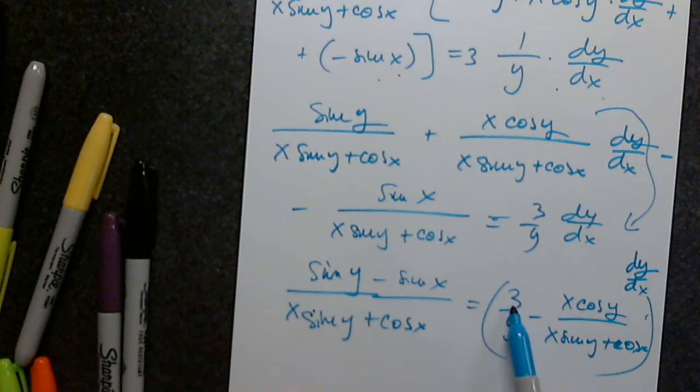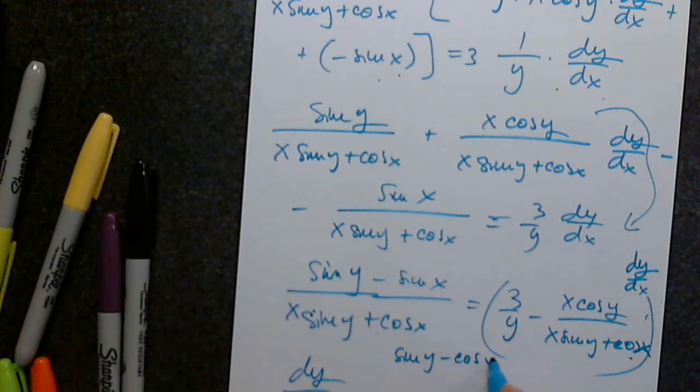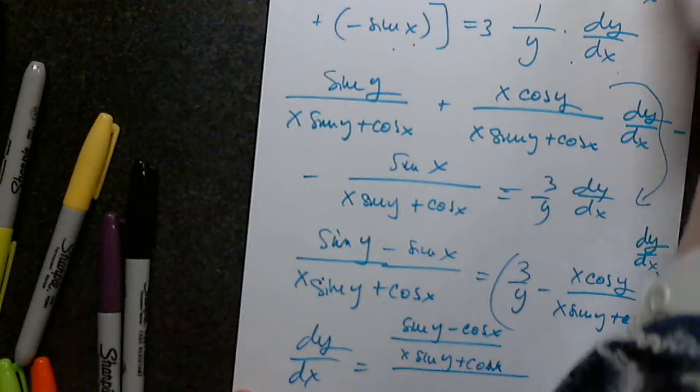So then I will have 3x sine y minus 3 cosine x. So dy over dx will be this ratio, which is the same thing we got before: sine y minus cosine x over x sine y plus cosine x. Did you mean sine x on the top?